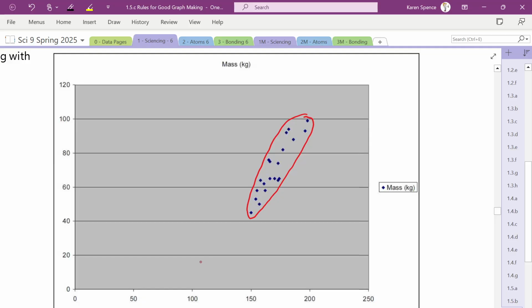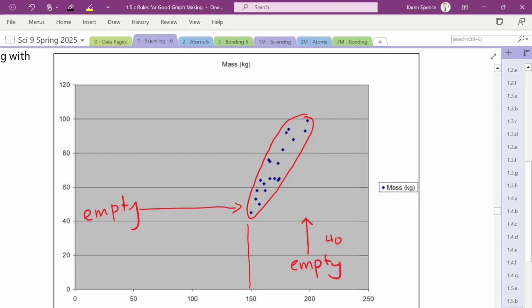No. We've got all of this empty space all the way up until 150, yes? And we have all of this empty space up until 40, yes?